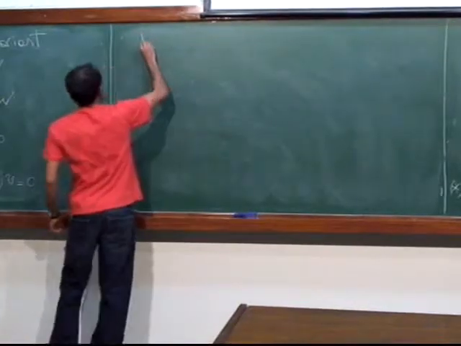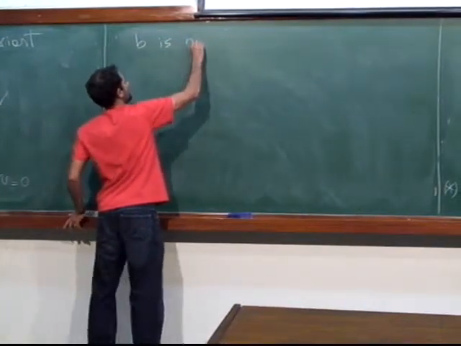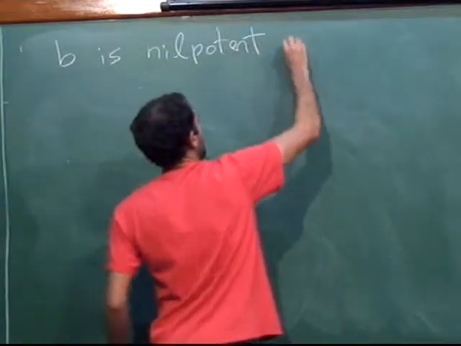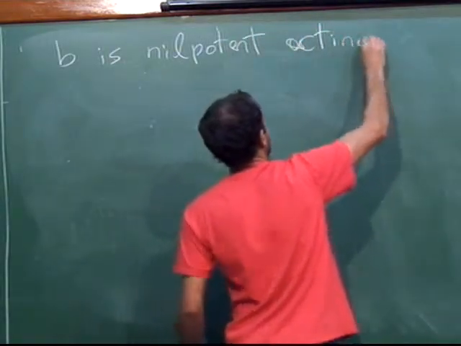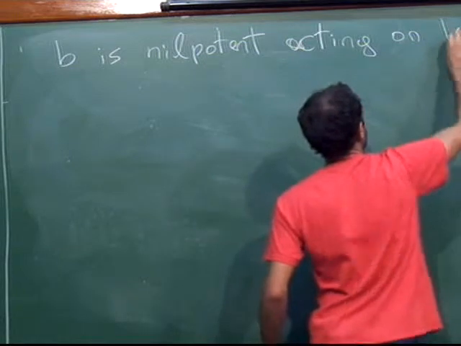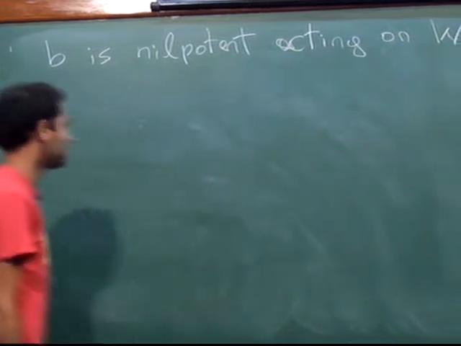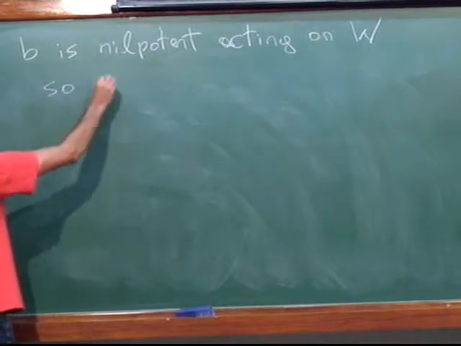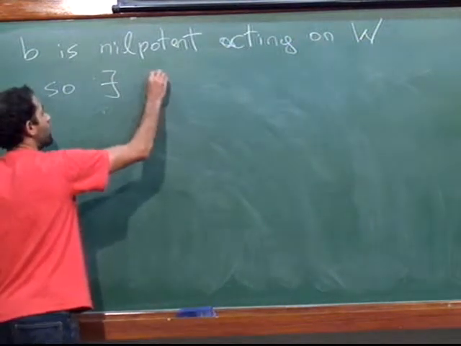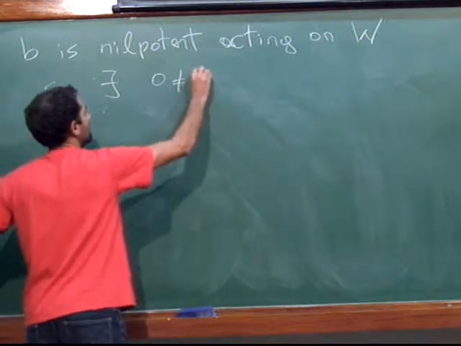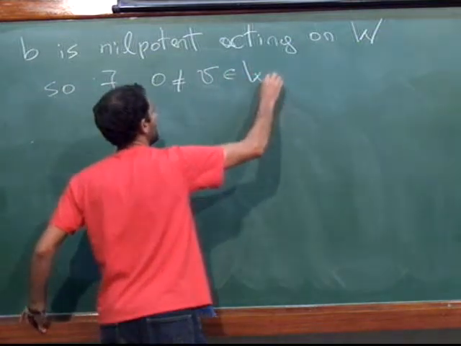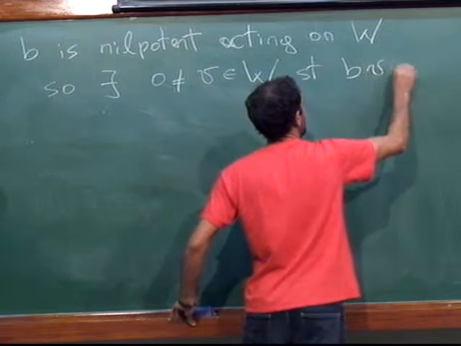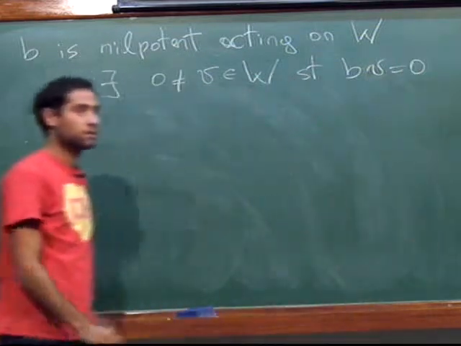So B is nilpotent acting on W because W is invariant by G. So there exists a non-trivial V in W such that BV is equal to 0.